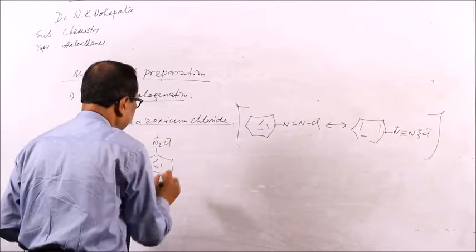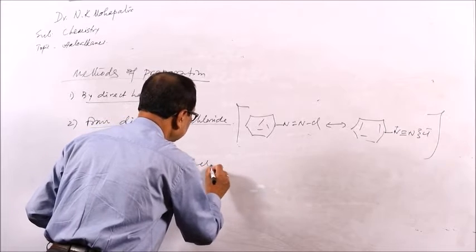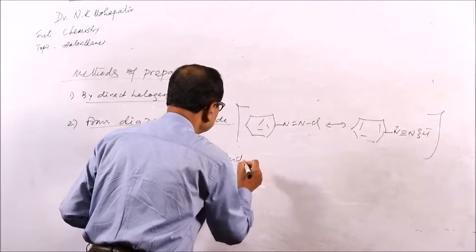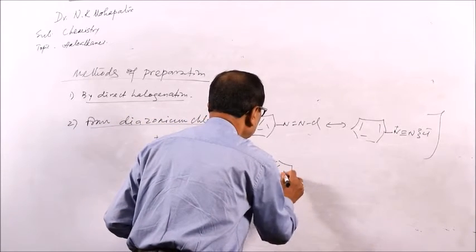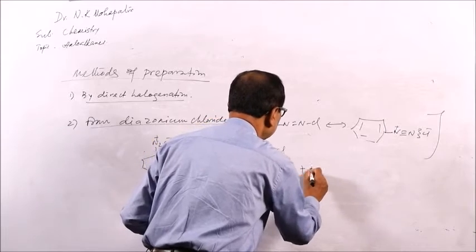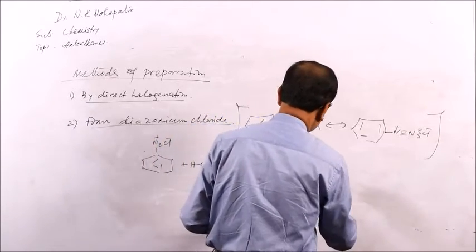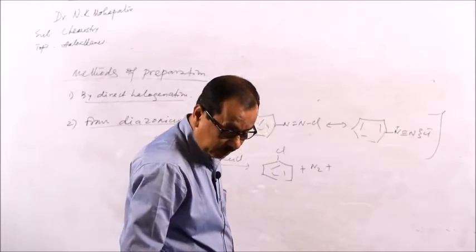N2+ Cl- plus HCl in presence of cuprous chloride, the product formed will be chlorobenzene plus N2 plus cupric chloride.